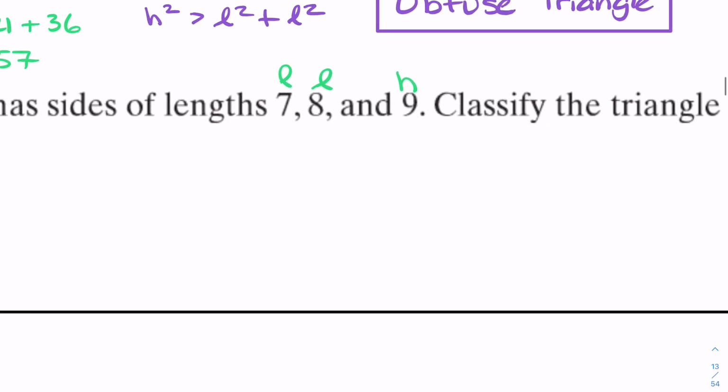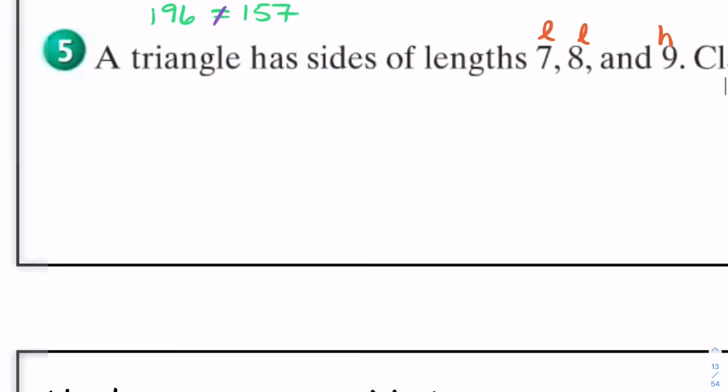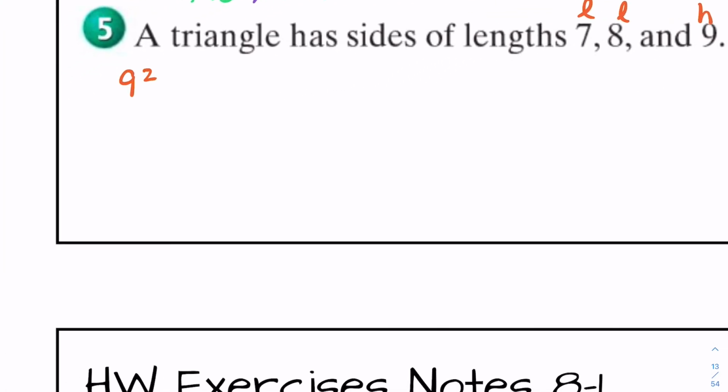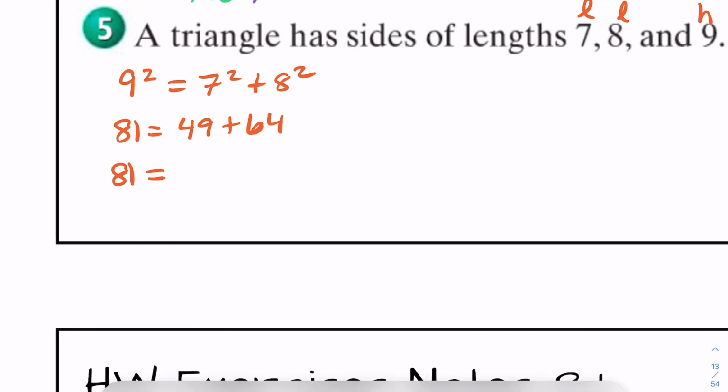All right, so we're going to do leg, leg, and hypotenuse for this. So 9 squared equals 7 squared plus 8 squared. So 81 equals, I already know this is not going to work. All right, so we have 81 is equal to 7 and 8. So that's 113.